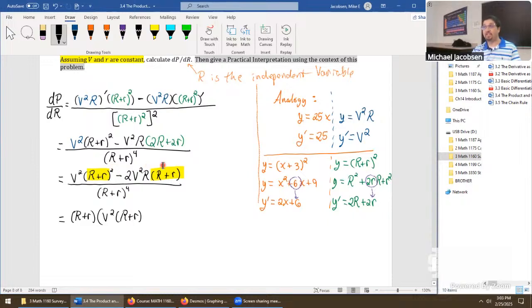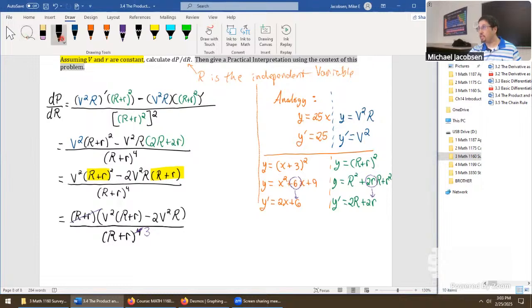Over here, this entire thing is eliminated when we factor it out. So just minus 2 v squared r. Denominator is R plus r power 4. Here's where the cancellation happens. That just turns into a 3 on the next step.